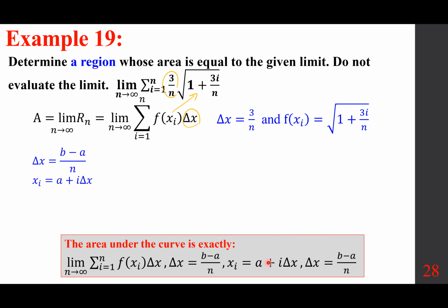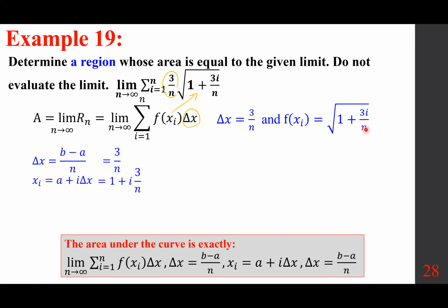We know that. And we also know delta x is 3 over n. x sub i could be the whole thing here. Again, this is one way to look at it. So this is clearly 3 over n, and this is 1 plus 3i over n. This is 3 over n. This is 1 plus i times 3 over n.